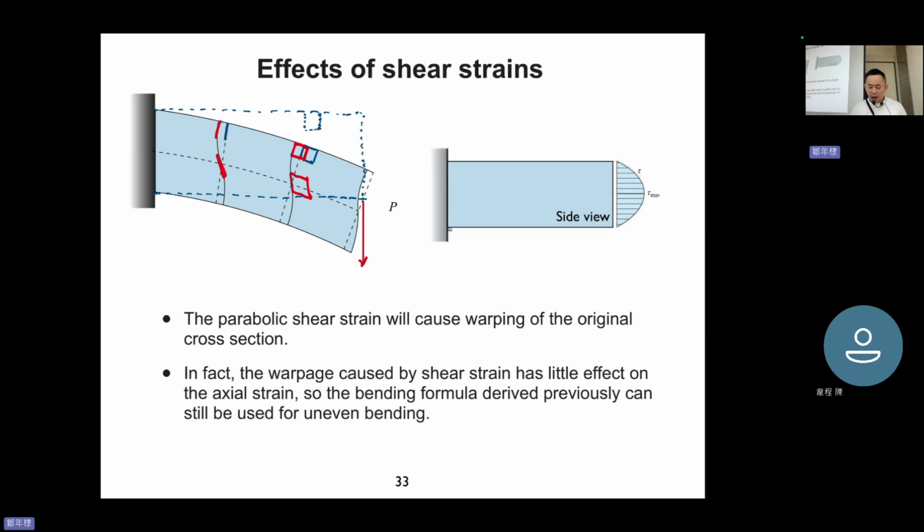And then we talked about how it distorts in shear. The shear stress in the middle, at the neutral axis, will look like a shape like this. Shear stress will make the stress element twisted like this, but at the top or bottom it will remain the same, because there's no shear stress at the top and bottom.